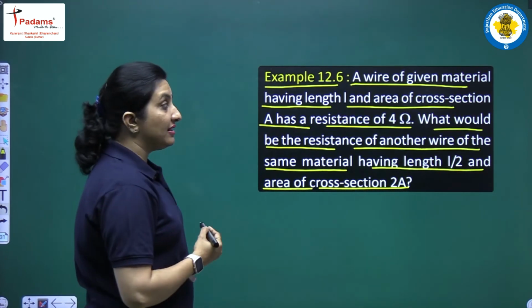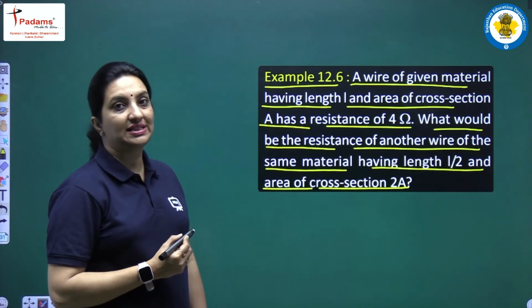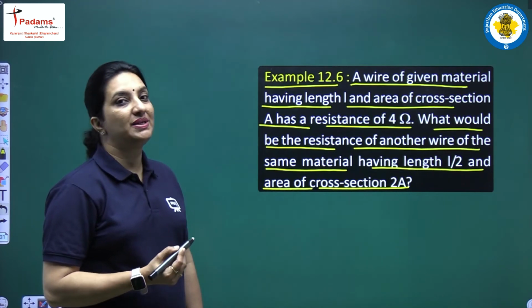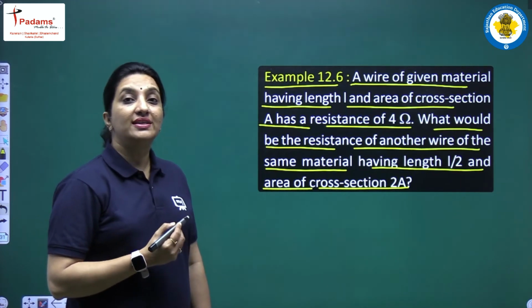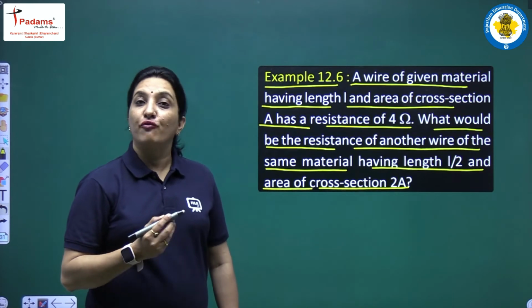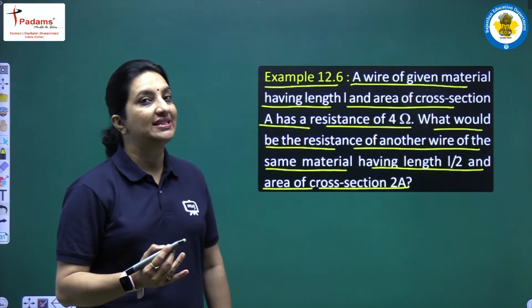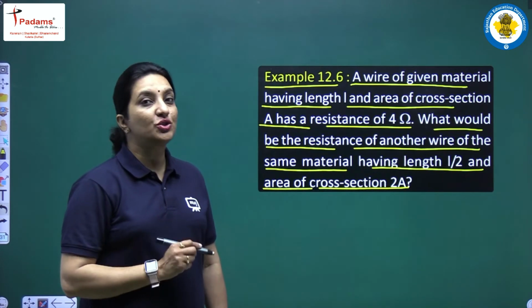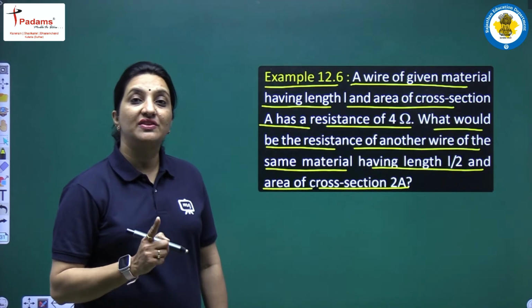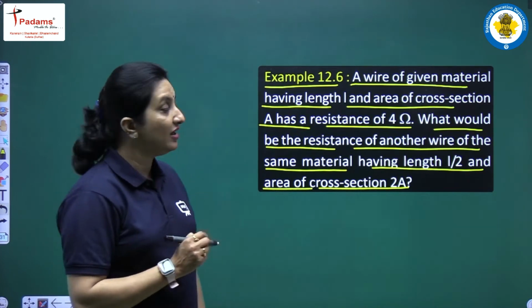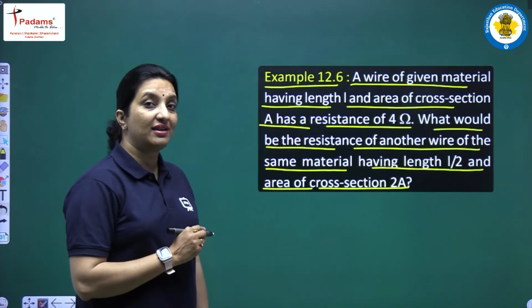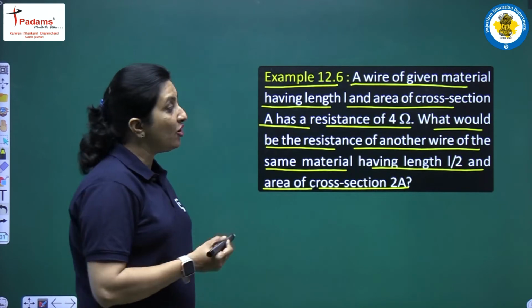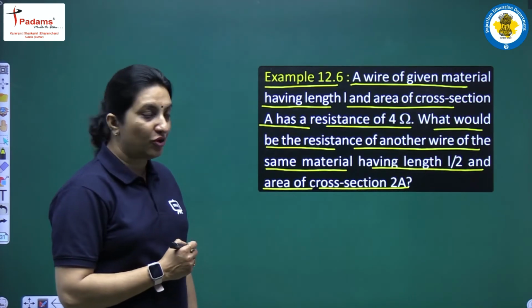Now students, here a wire of a given material is given, so the resistivity will be the same, because we know कि resistivity जो होती है students, वो characteristic property होती है किसी material की. अब material को तो change किया नहीं, तो उसका resistance तो change होगा, पर उसकी resistivity change नहीं होगी. तो यहाँ पर अभी हम देख लेते हैं कि हमें क्या क्या दिया हुआ है, उनको लिख लेते हैं फटाफट से, और फिर इस numerical problem को solve करते हैं.